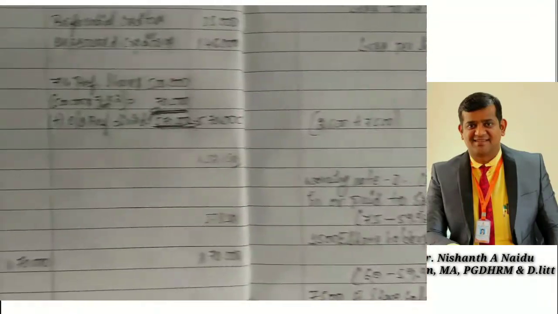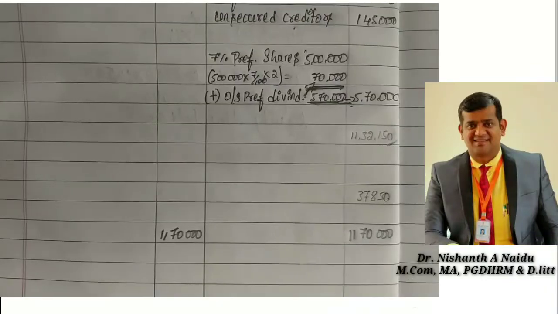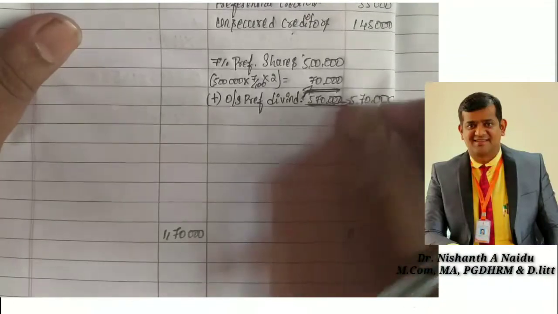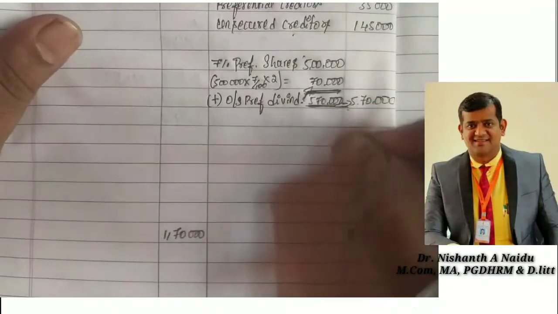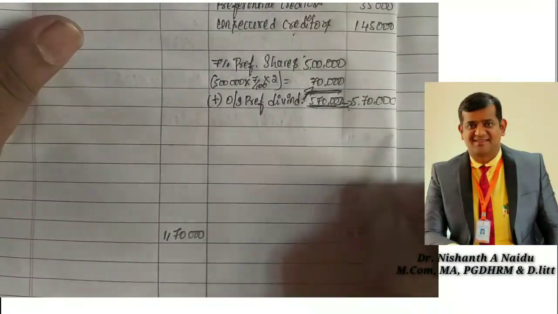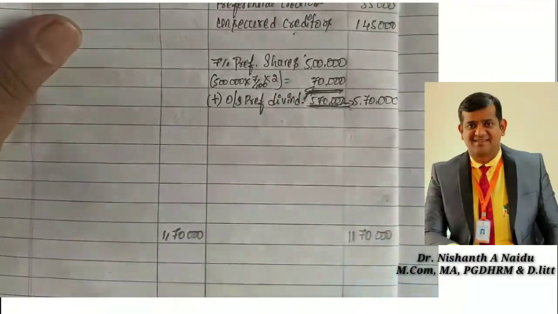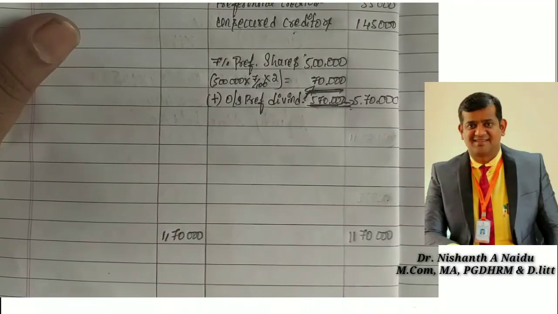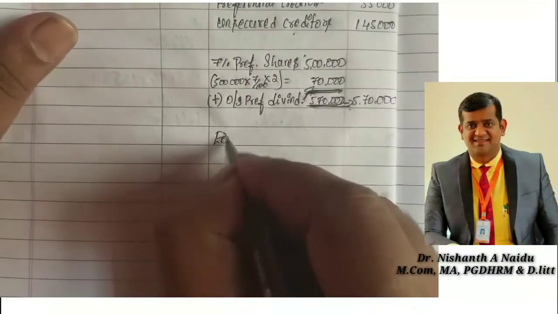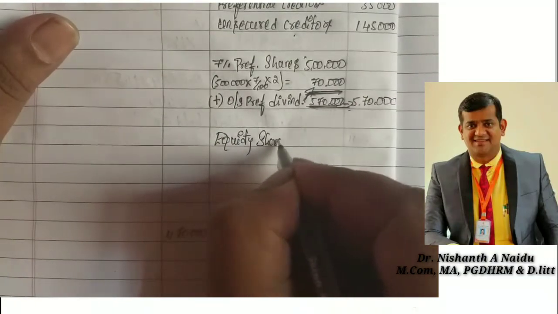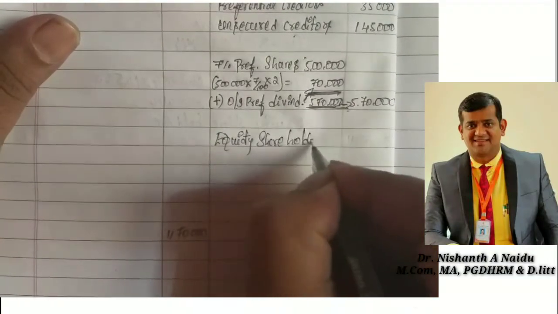So now we are going to transfer that calculated amount here. I'm going to erase this. So now freshly I'm calculating for the equity shareholders.